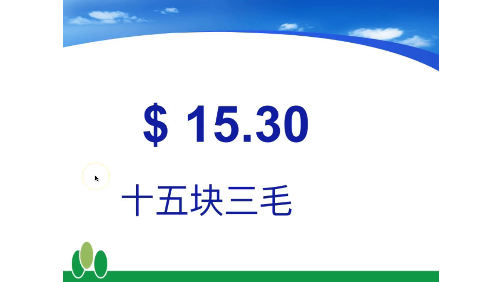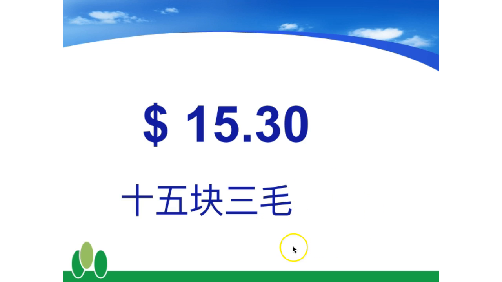Let's look at some more examples. 15块3毛, $15, 3 dimes, 30 cents. Now, there's no fen here because it's nothing. It doesn't exist.